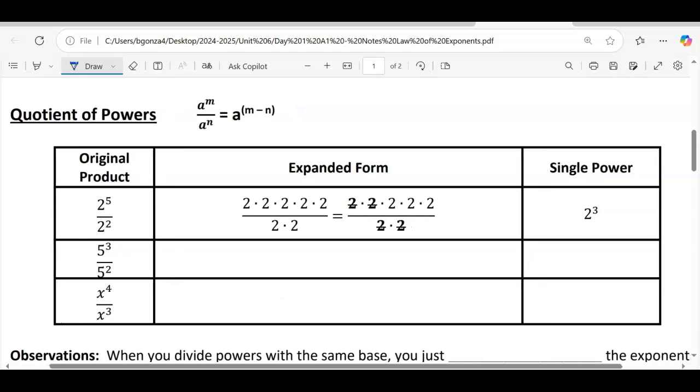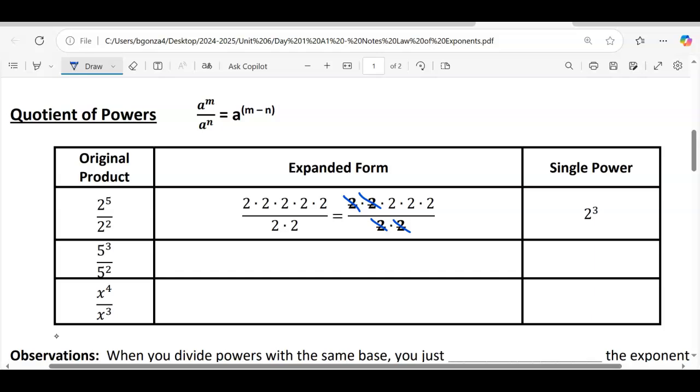Well, let me show you how it works. 2 to the 5 on top means 5 twos, 1, 2, 3, 4, 5. And then 2 to the second power on the bottom means 2 twos on the bottom. So here's the deal. If I have 5 on top and 2 on the bottom, any pairs of 2s are going to cancel out, right?